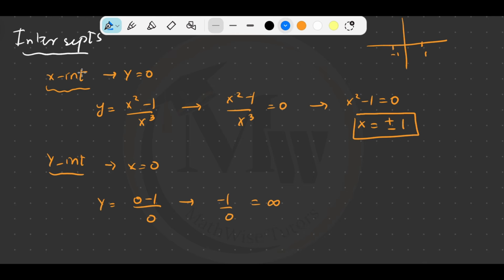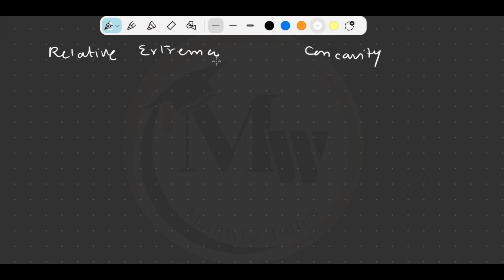Now we need to find the maximum and minimum, but for this, the first thing we need to find is the critical points. To find the critical points, we have to find the first derivative of the function. Whenever we need to find the relative extrema or increasing and decreasing, we have to take the first derivative, and for this we have to find the critical points.